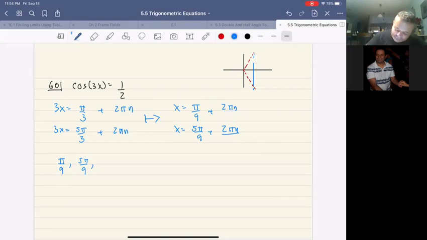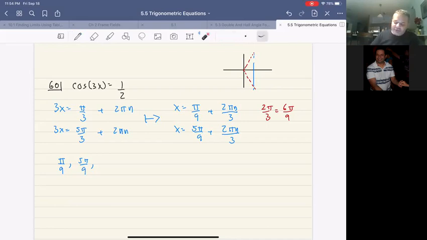I knew something felt off. I'm going to write 2 pi over 3 in terms of 9. So 2 pi over 3 is 6 pi over 9. I have to double check myself because I've got a case of the stupids tonight.